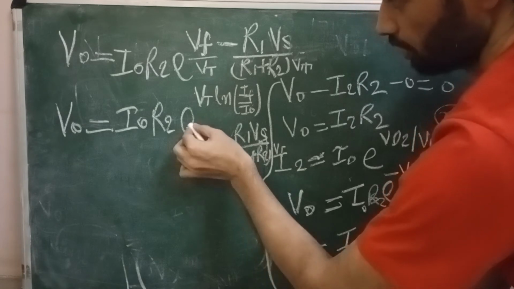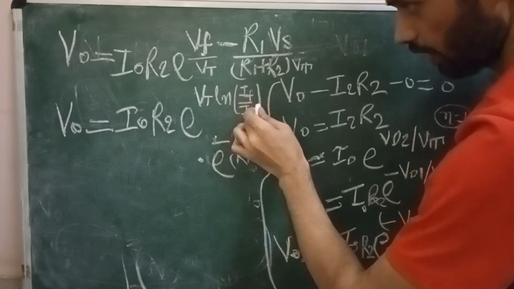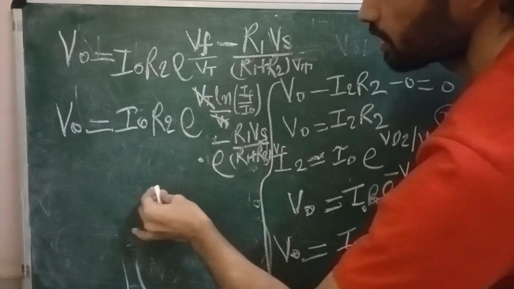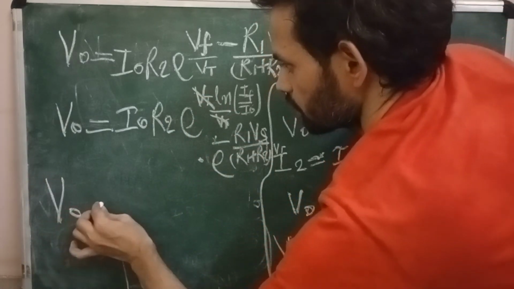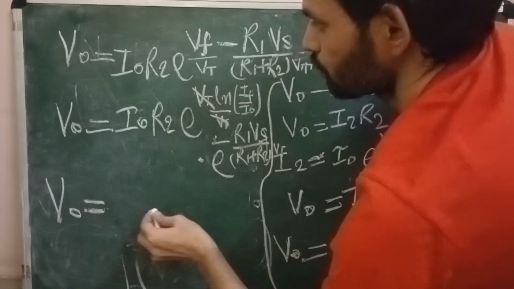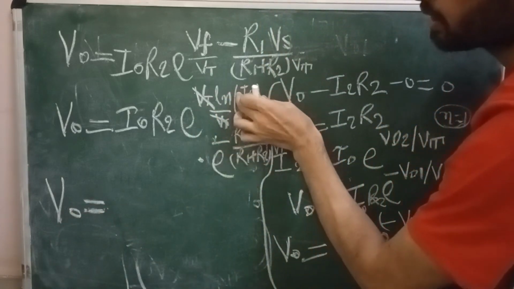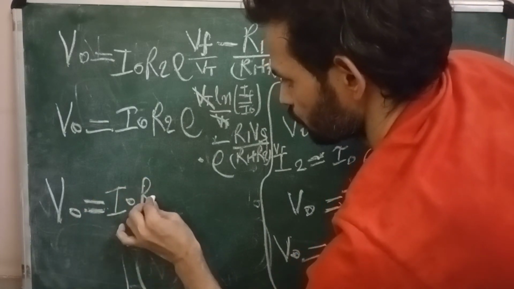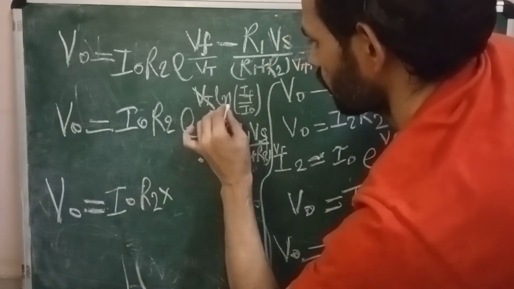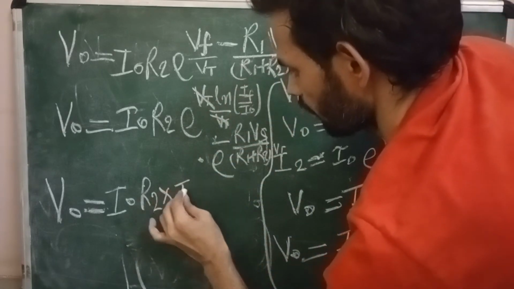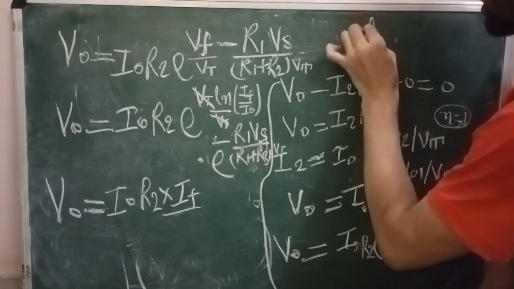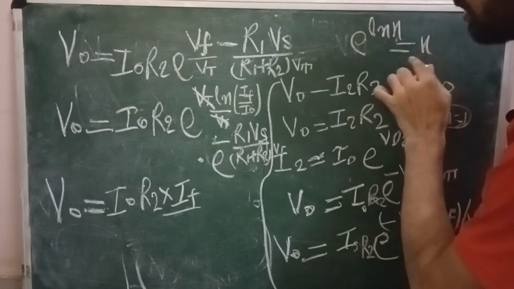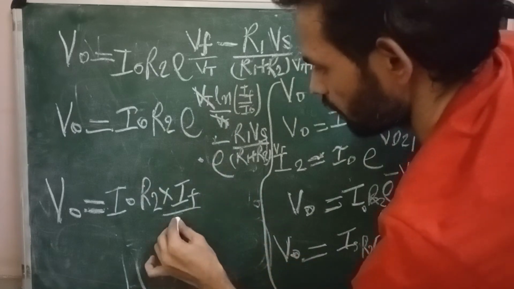Now e to the power Vt ln x, divided by Vt, the Vt gets cancelled. So now V0 is equal to I0 R2 into e to the power ln x, which is nothing but x, and x is nothing but If by I0.